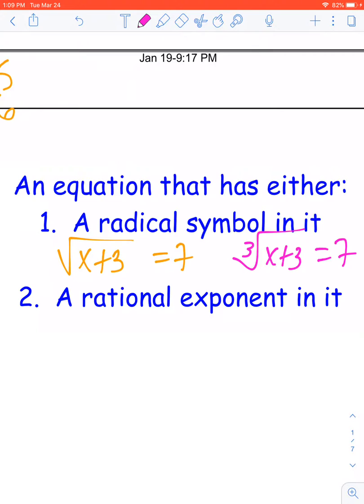But this is not the only way to write radical equations. You can also use rational exponents, and that's what we did before spring break. In a radical equation, remember rational means fraction, and exponent means a power.